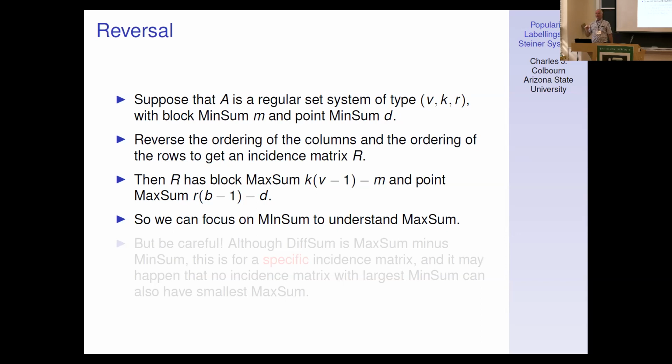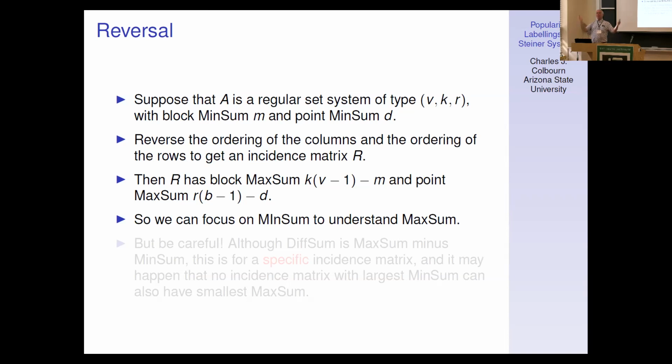So in fact, if I guarantee to you that this incidence matrix has the best possible min sum, its reversal has the best possible max sum. So what that means is that now, instead of worrying about min sum and max sum, I can say, okay, I'm going to focus on min sum. I'm not going to worry about max sum, because to get from max sum to min sum or back is just a matter of reversal.